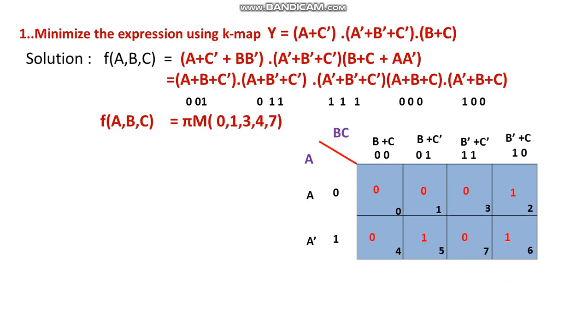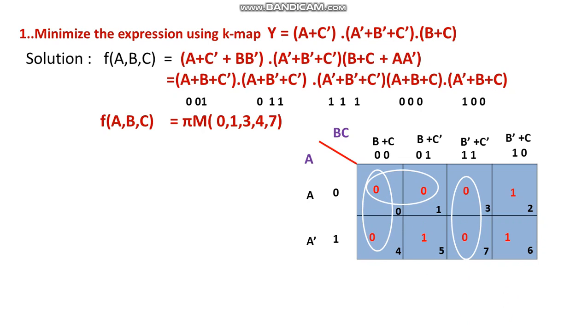Now we should start grouping. Okay, so we have to group zeros here, right? Since 7 is adjacent to 3, I'll make a pair of 3 and 7. Then I'll make a pair of 0 and 1. Then I'll make a pair of 0 and 4.